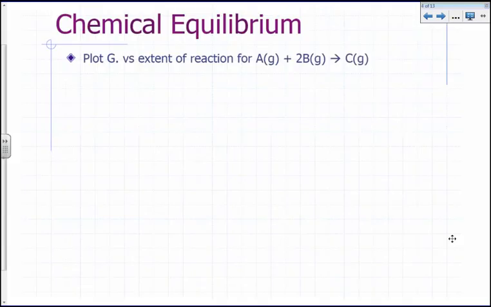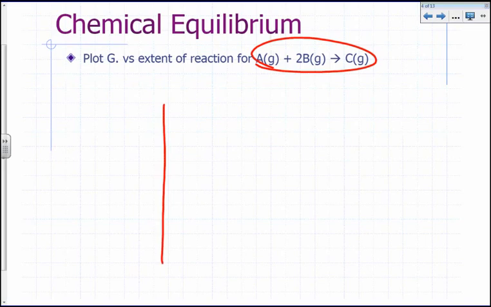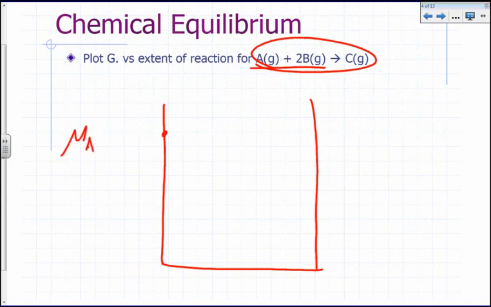Okay, so let's see what would happen to G versus extent of reaction for this reaction right here, where you have A plus 2B gives you C. Let's say we start off, again assuming a stoichiometric ratio of A and B to begin with and no C. So you'll start off with 1 mole of A and 2 moles of B. Your initial Gibbs energy would be 1 mole times mu sub A naught, plus 2 moles of B times mu sub B naught.